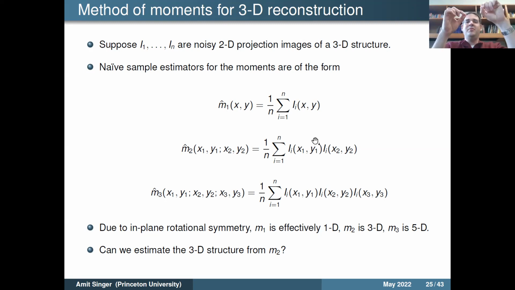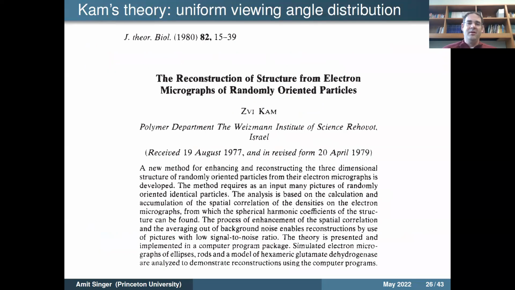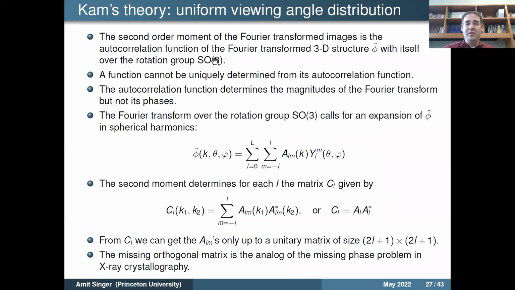So what we are computing here is an approximation to the integral over SO3 of the Fourier transform of the molecule times itself, which is nothing but the autocorrelation of the molecule with itself over SO3. So that's what Kam showed. I'm sending you the derivation. Basically, I just told you in words how it goes.